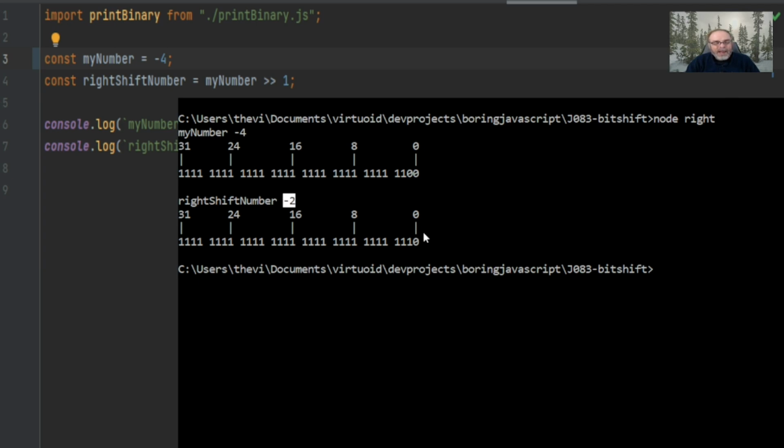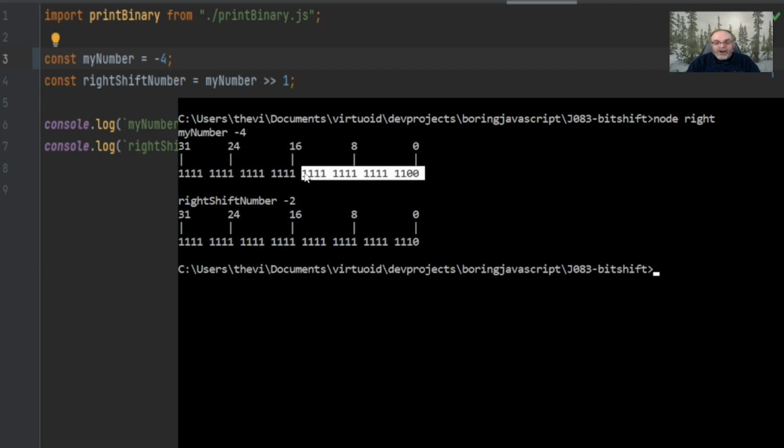So what happened? Well, when you do a right shift, what JavaScript will do is say, okay, I should be moving that number 1 out of the 31st bit, but that's part of my signed bit. So when you do a right shift, it actually keeps the sign of the original number.